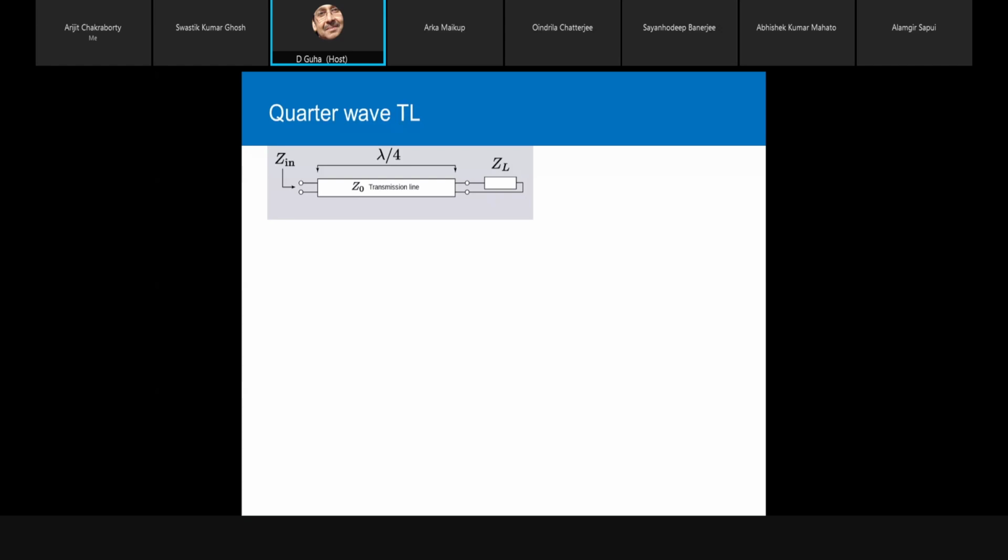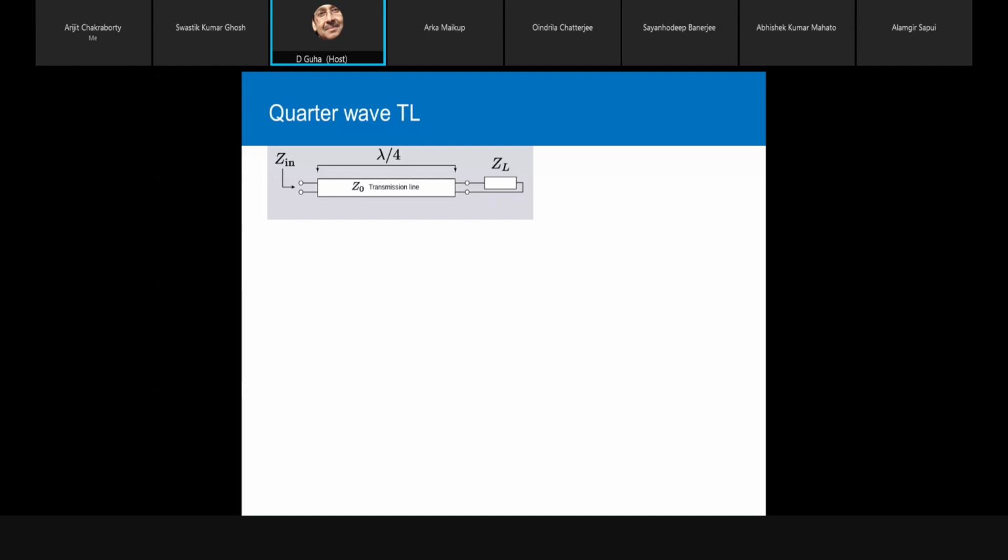You just note that one transmission line with λ/4 length. This section of this line is called a quarter wave transmission line. The lambda, for the frequency you are using, you are taking 1/4 of that length and measuring its input impedance from one end, and the other side is the load.